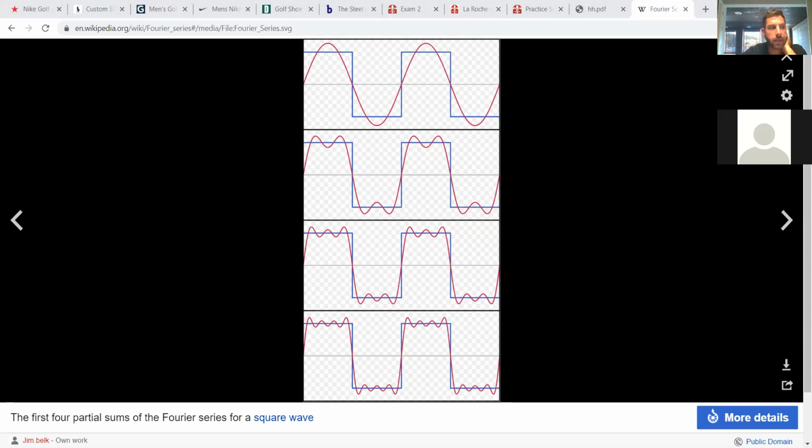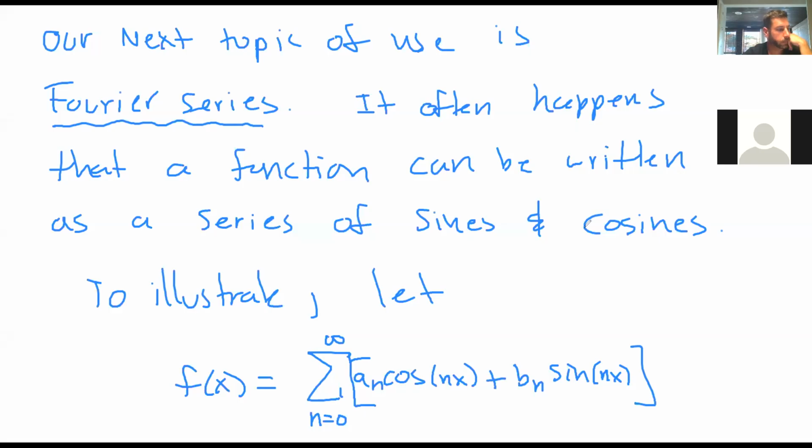And the way to do that is to use what's called a Fourier series. So that's sort of our goal: to figure out how this works and why it works.